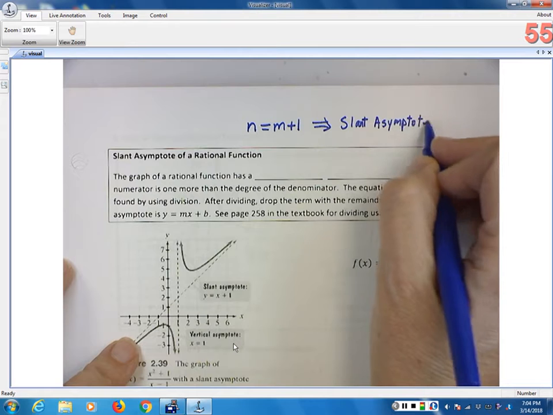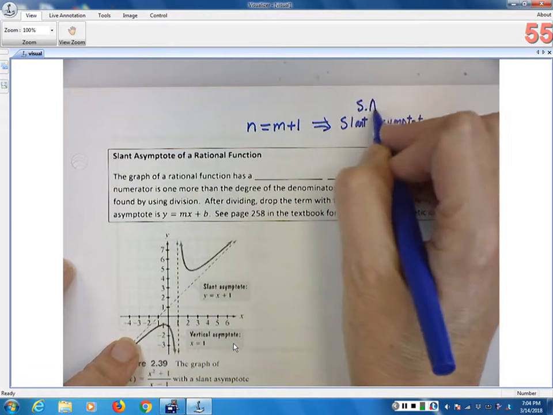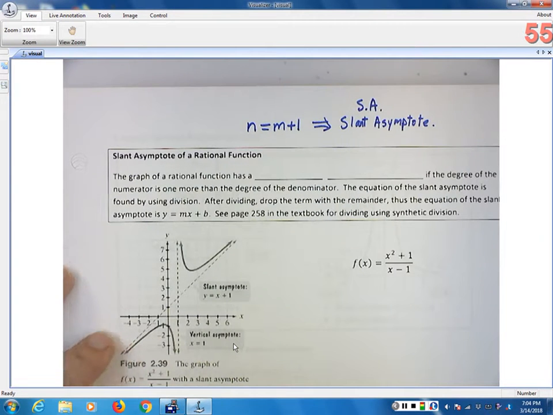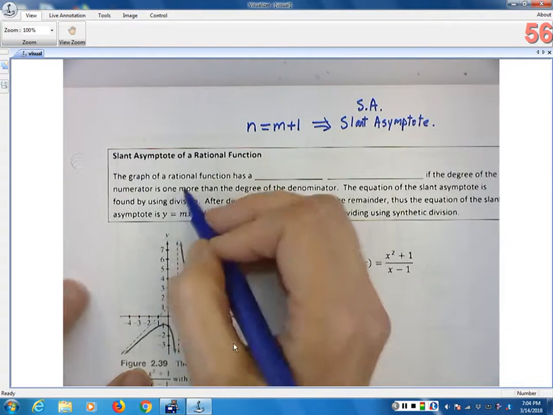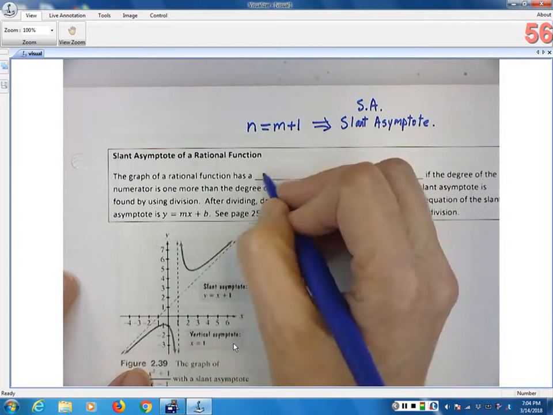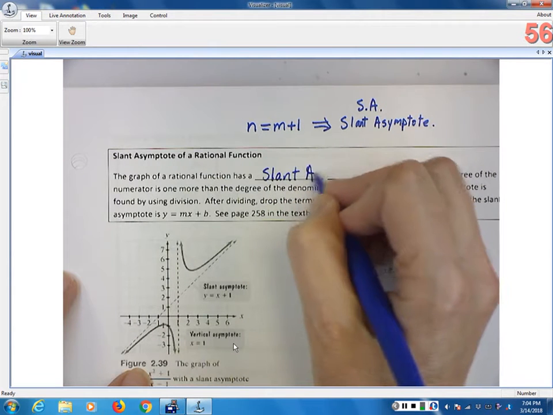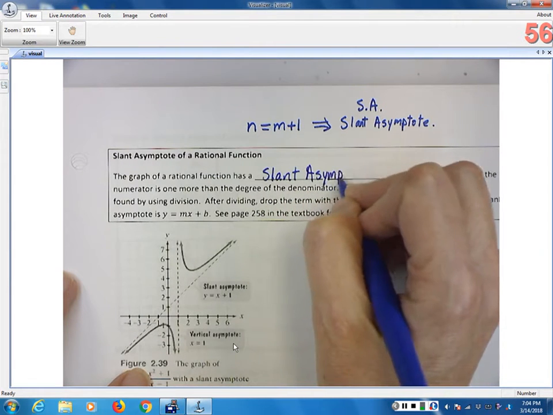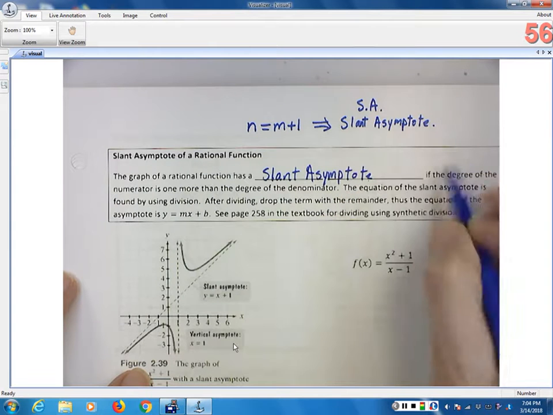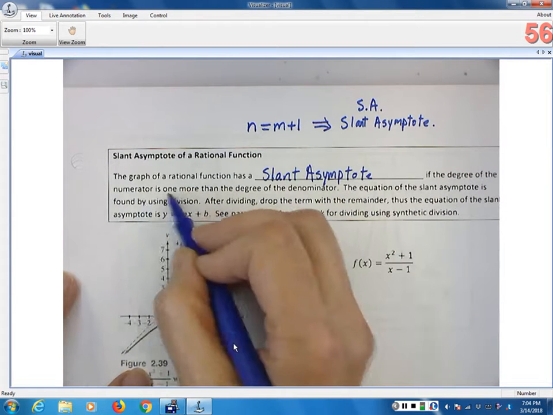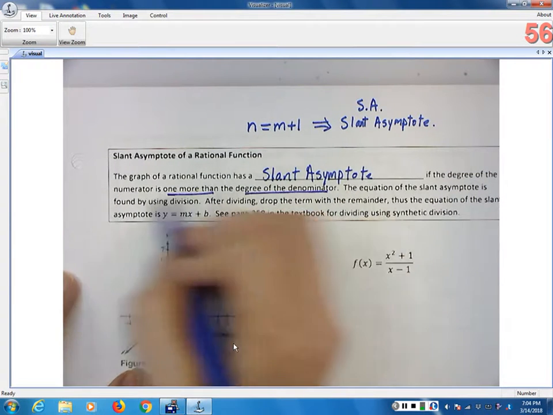And we'll abbreviate those SA. N's the degree of the numerator, m's the degree of the denominator. Remember, this is all about rational functions. We have numerators and denominators with x's in them. So the graph of a rational function has a slant asymptote if the degree of the numerator is 1 more than the degree of the denominator.